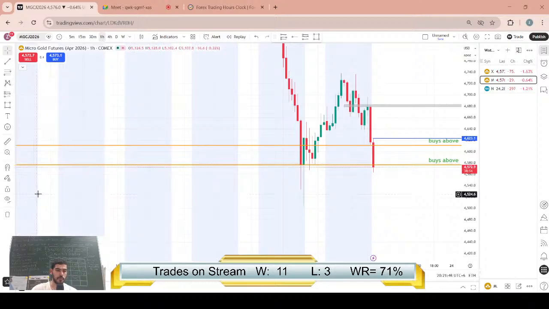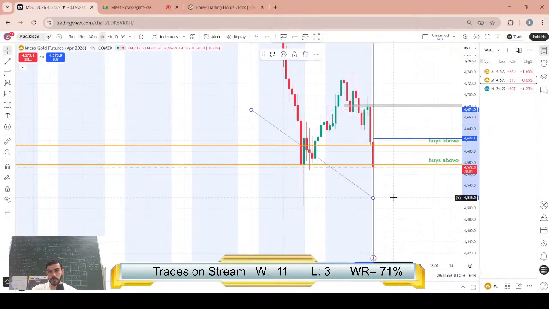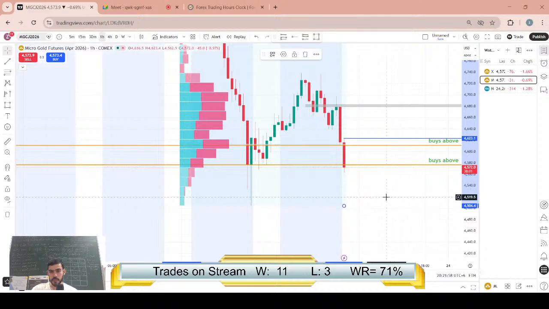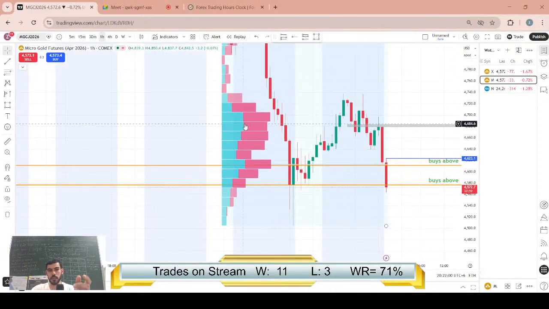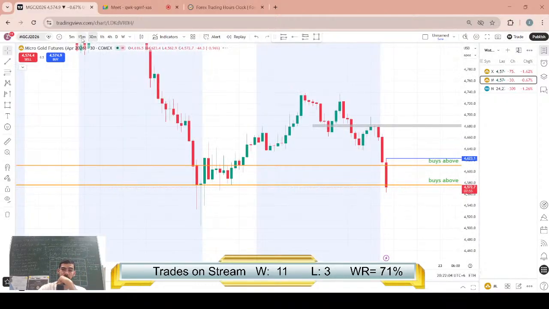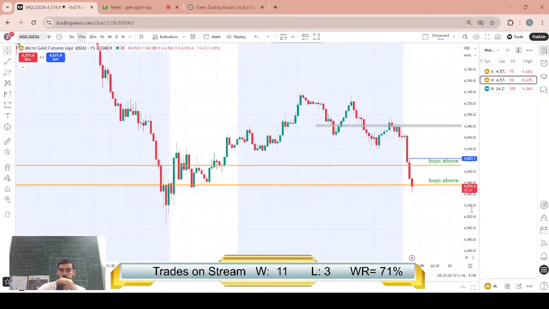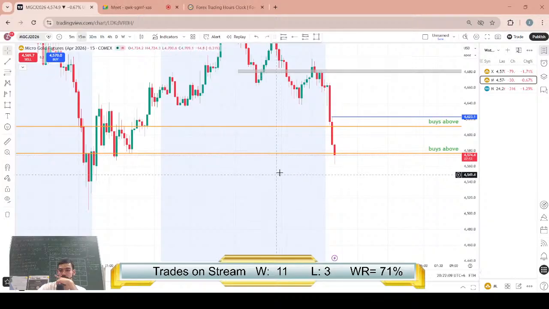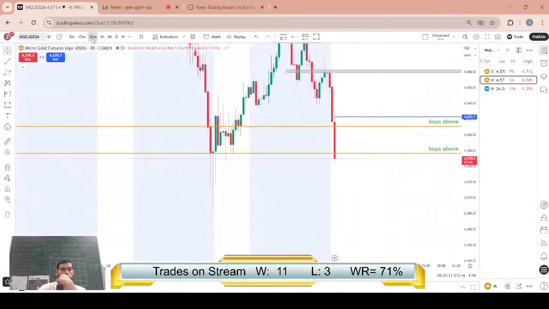Let's check this volume profile. Oh man, it looks like it's going to dump actually. Looks like it's going down. Totally.